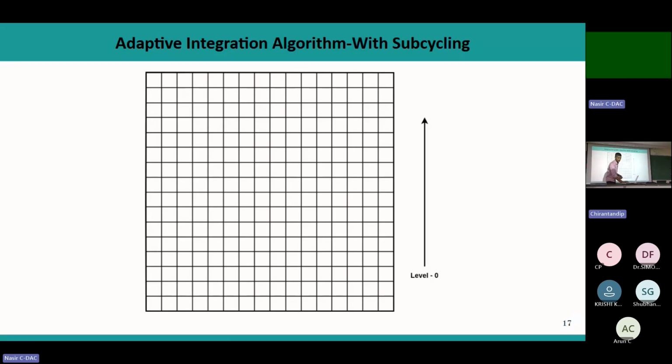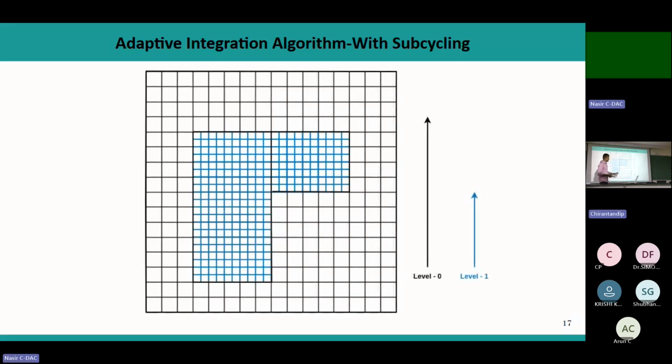This is my first step. Then I integrate the big one with half the time step, as per the level. Say level 0 has gone from time 0 to 100 in one time step. Level 1 would have gone there in 2 steps, right?